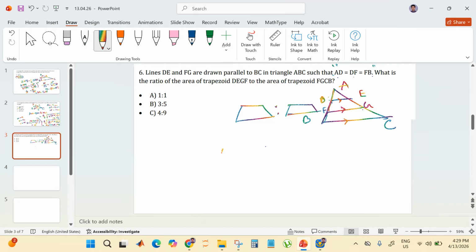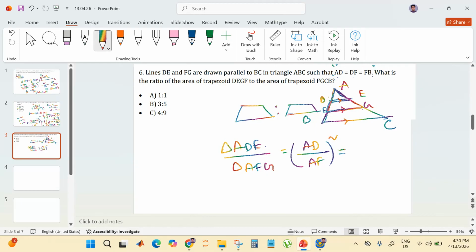If I consider triangle ADE, triangle AFG, I am taking this smallest triangle, and the middle one, the bigger one, and the biggest one will be ABC. So these two areas will have the ratio AD by AF squared.